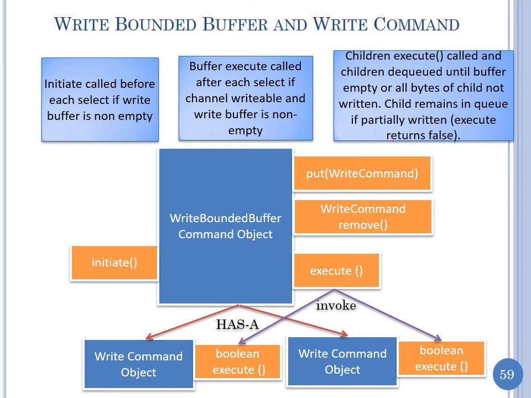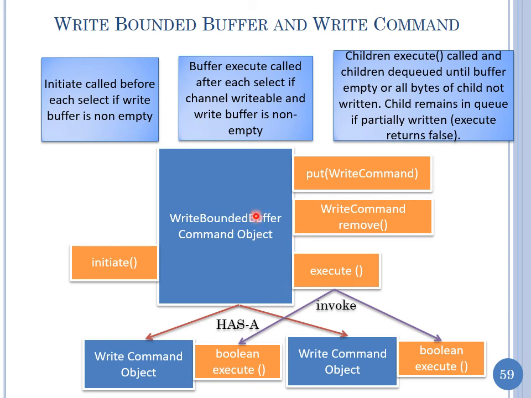And here is that hierarchical object I talked about. It has references to these write commands, and its execute method calls these execute methods. When we say, here's a new buffer to NIO, NIO says, let me find the right bounded buffer command object, and it puts the write command in its queue. After a write command has been processed successfully, it's removed from the queue.